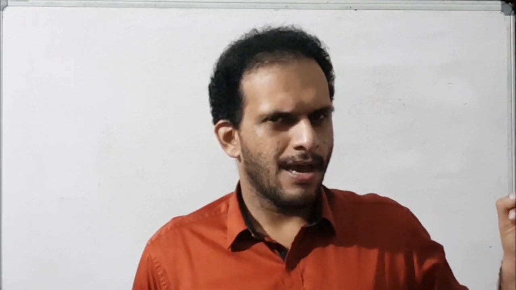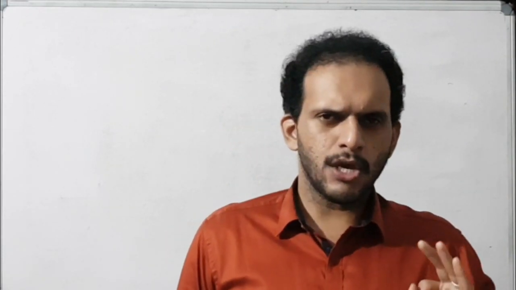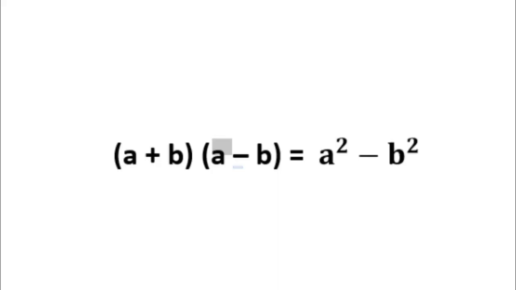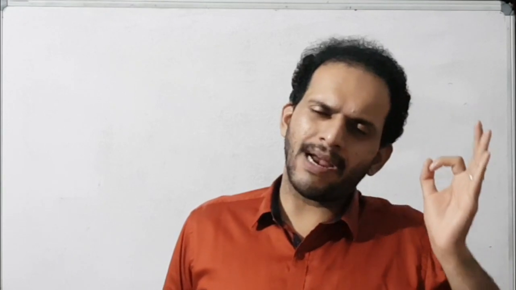Then third one, A plus B into A minus B. A plus B into A minus B is equal to A square minus B square. Most commonly we use these three identities. Then recall the fourth one.